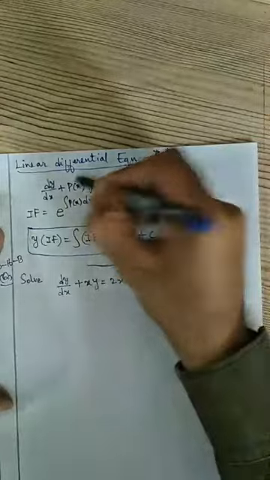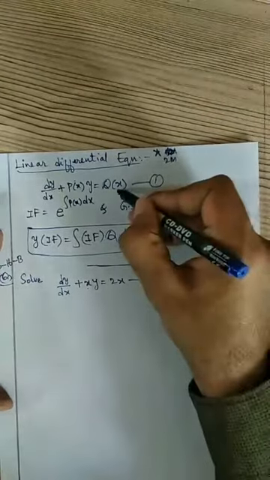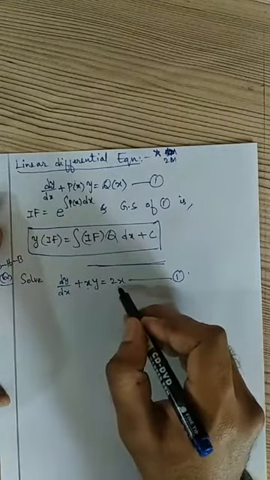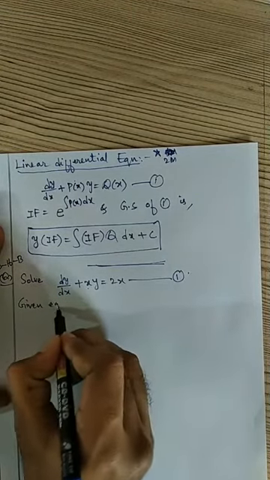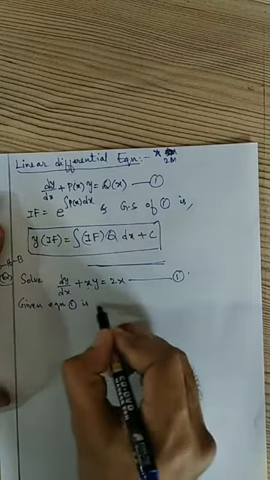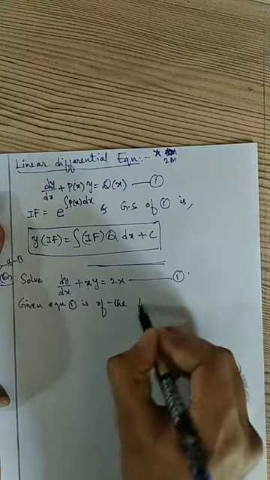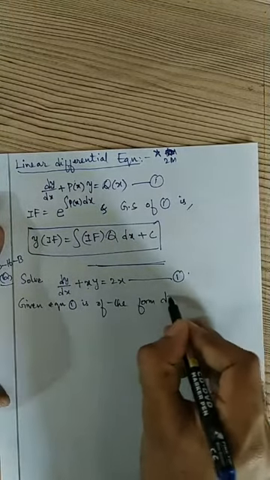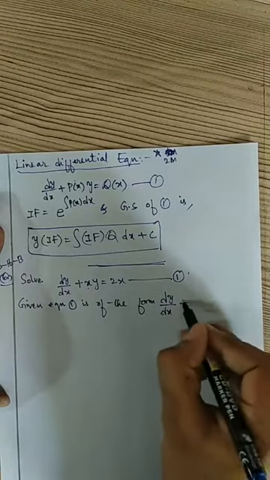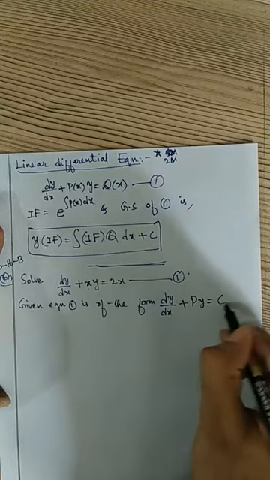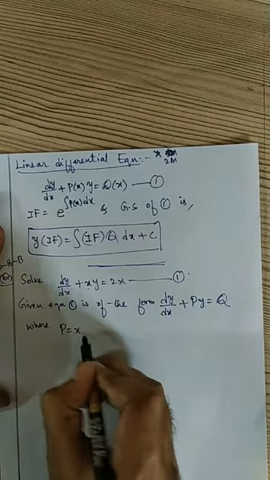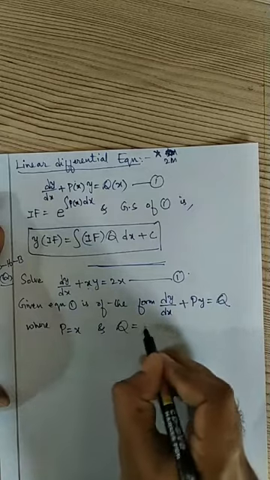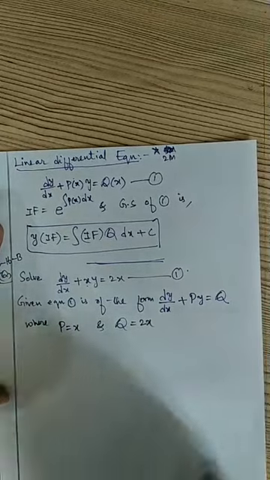In place of p we have x here, and in place of q we have 2x. So the given equation is of the form dy by dx plus py equals q, where p is x and q is 2x, right? Solution.